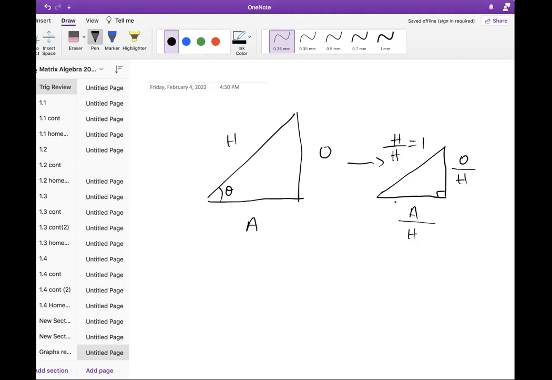Since I'm scaling every side of the triangle proportionally, these two triangles will be similar. So now we have a right triangle with hypotenuse 1.